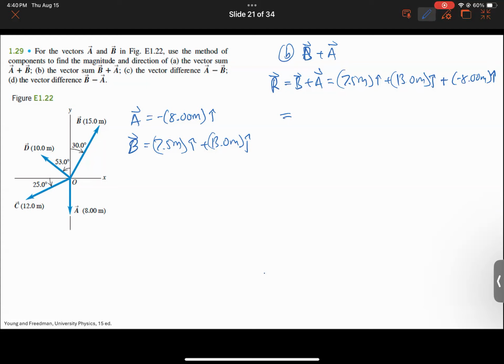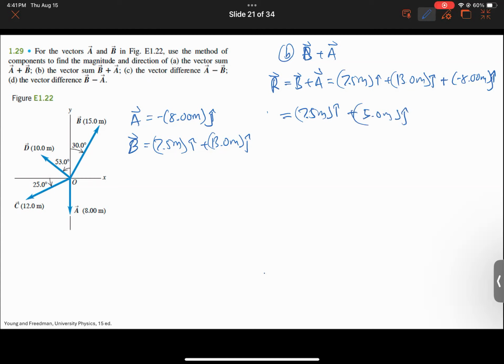So 7.5 and 0, J hat ito, no? Okay, 7.5 and 0. So we have 7.5 meters I hat. And then 13 meters minus 8, we have 5. So plus 5 meters J hat.